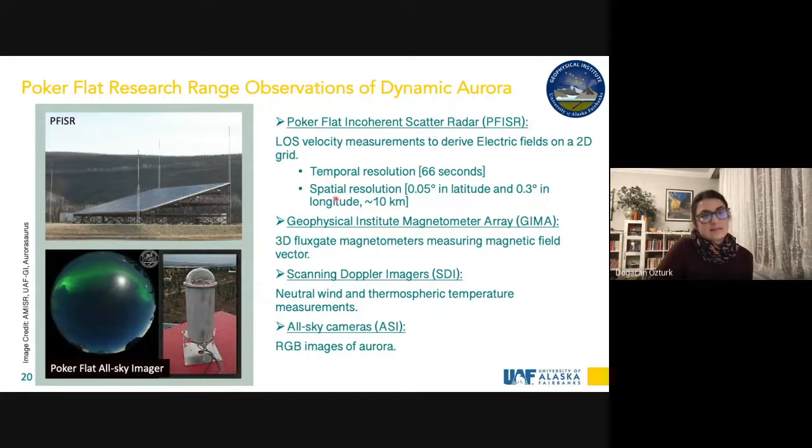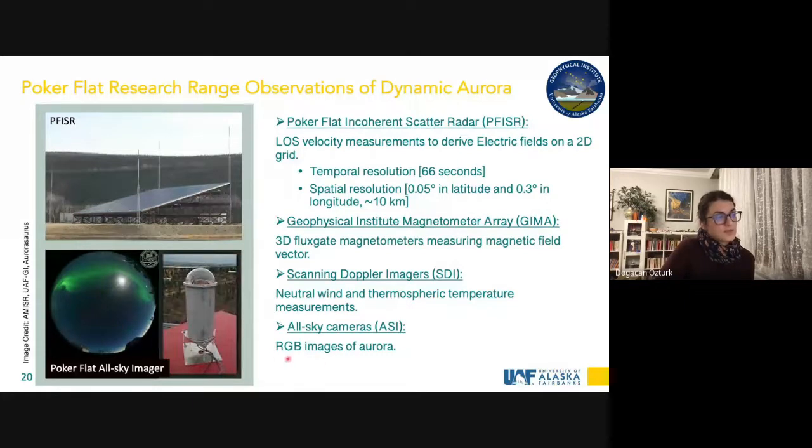So basically, this gives us a very good sampling rate to study mesoscale type of aurora or mesoscale electric field structures. We have the Geophysical Institute magnetometer array, which helps us track different auroral features and the magnetic field variations associated with them. We have scanning Doppler imagers that measure the neutral wind and thermospheric temperature, which helps us infer how efficient the ion-neutral coupling could be when there is dynamic aurora.